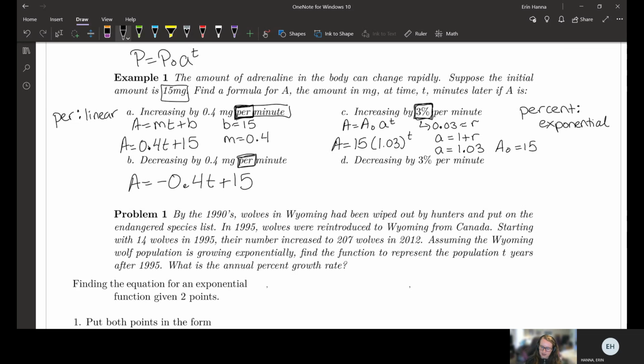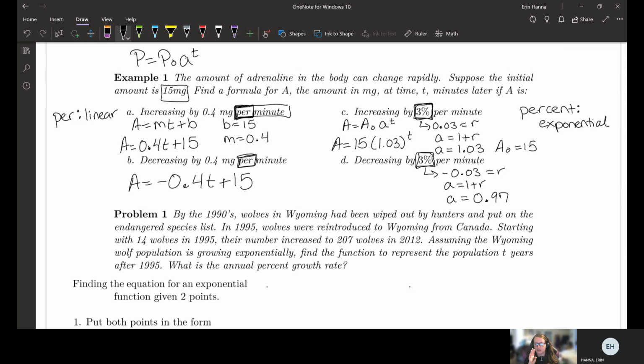And then in part D, the only thing that changes is we're still at 3%, so we're still in an exponential situation, but now we're decreasing. Since we're decreasing, that changes the r value to negative. The a value is still found in the same way though. So we have 1 minus 0.03, so in this case, our a value is going to be 0.97.